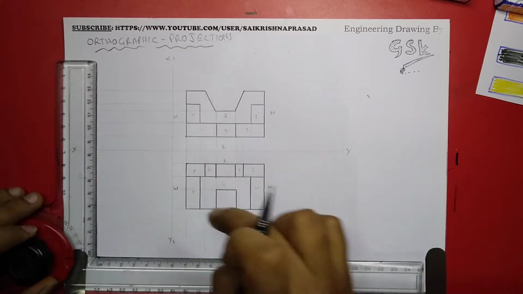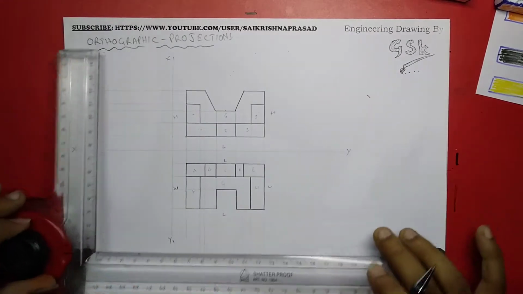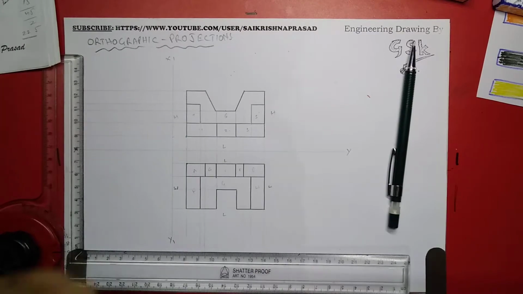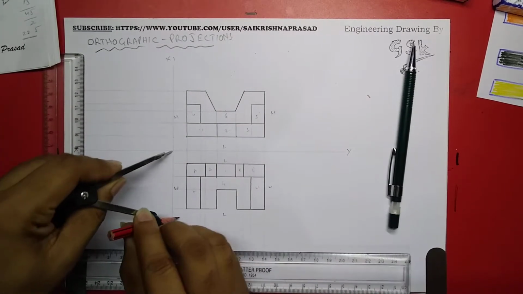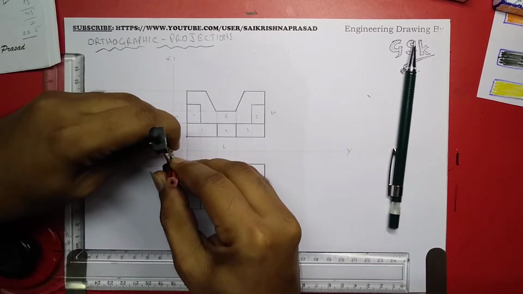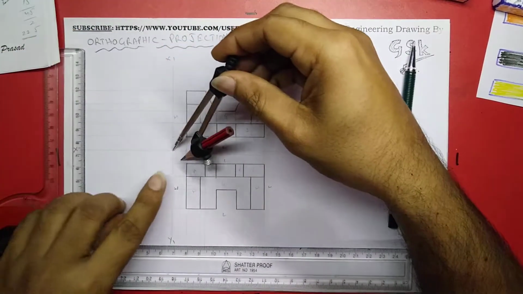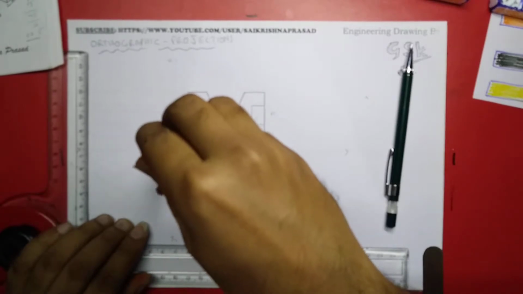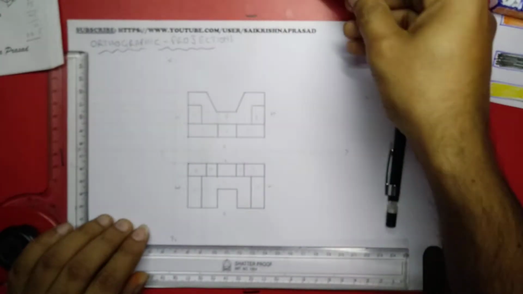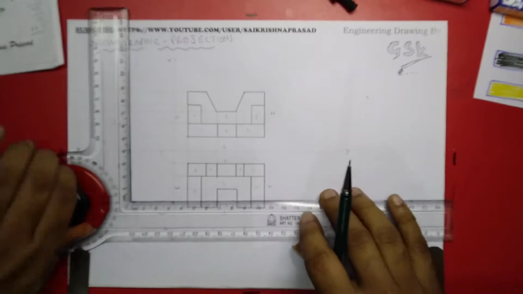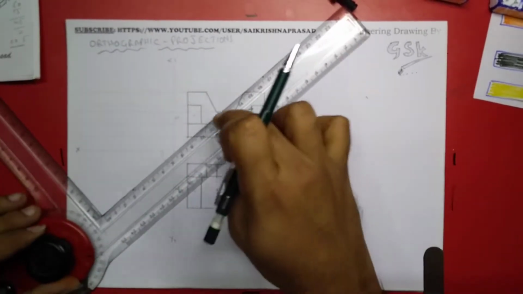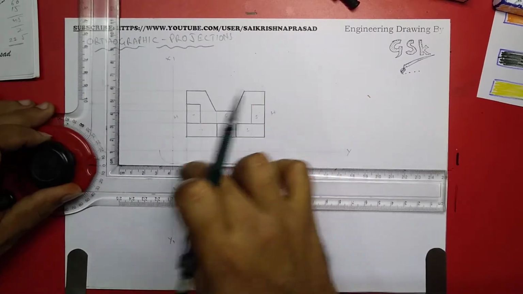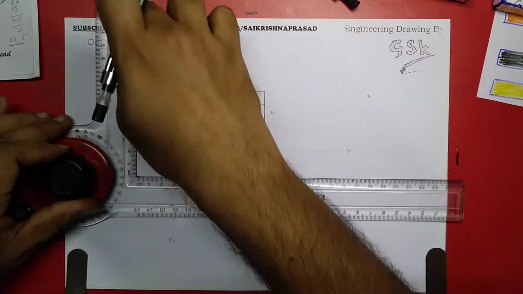For drawing the projectors from top to the side, we have various methods. Simply taking this as center, measuring this length, we can draw an arc like this, or else drawing a 45 degrees line like this, then joining this projector to that line and from that point to the top.